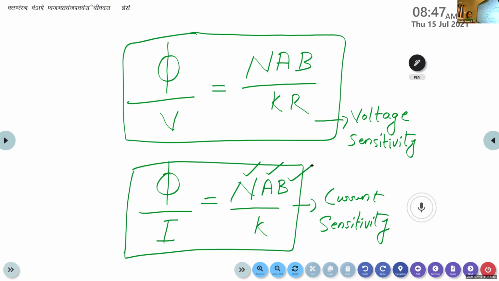The current sensitivity depends on N, A, and B: number of turns of the coil, area of cross section, and magnetic field B.